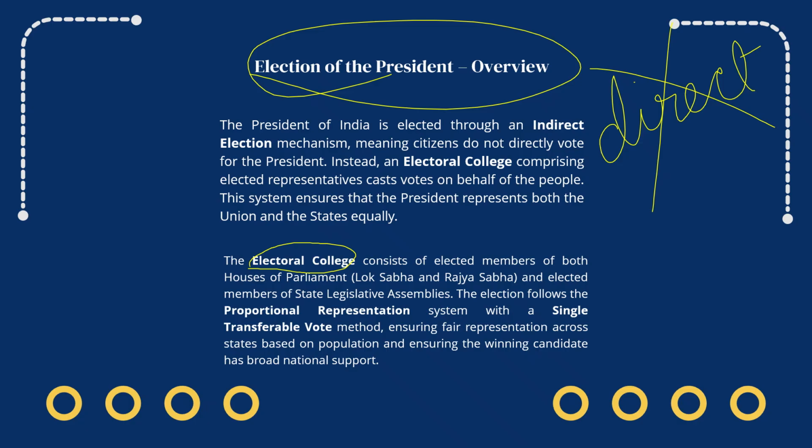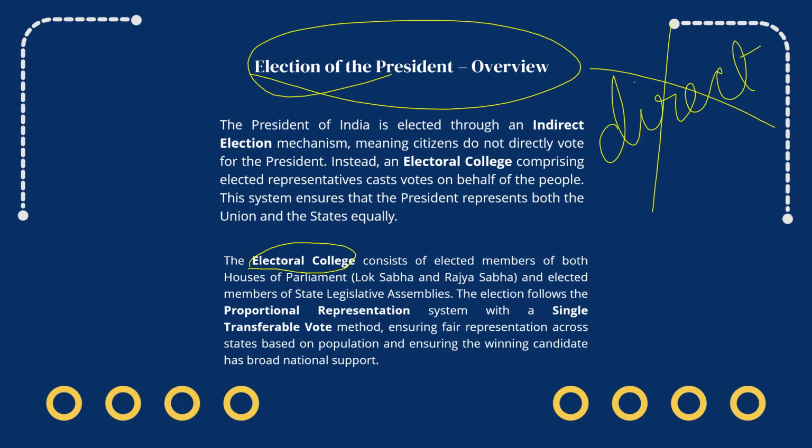Now there will be many questions like why not direct elections? Because the president represents both the union and the state. So the system ensures balanced federal representation. The election follows proportional representation with single transferable vote. Now this ensures fair representation, equal weight to the states, wider acceptance of candidates.